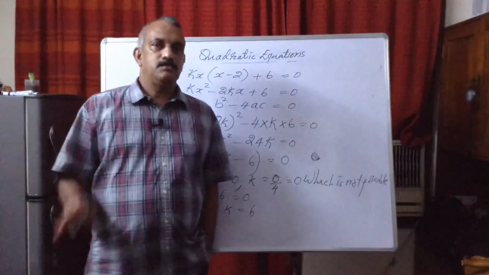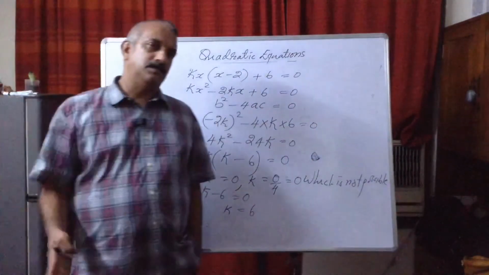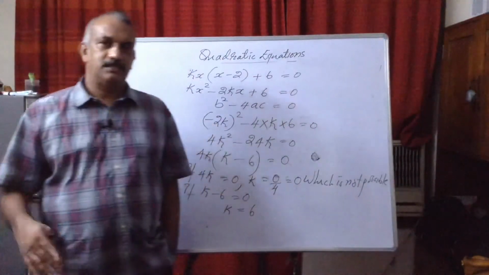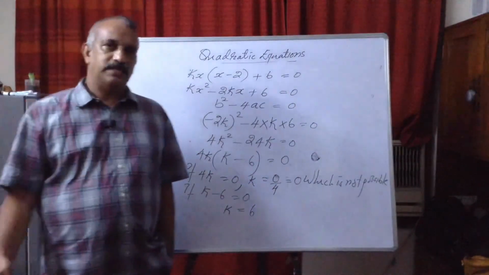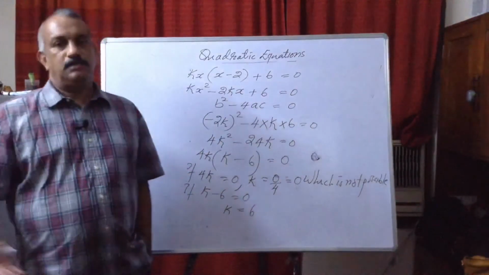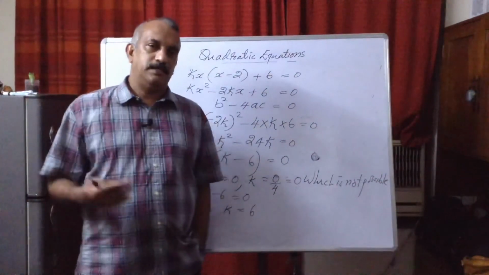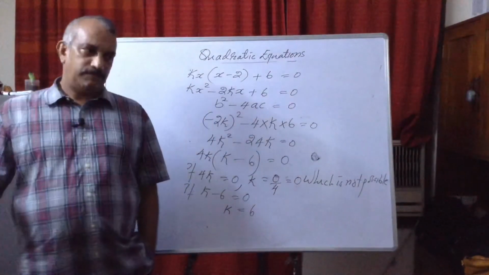Third one is by using the quadratic formula. In the case of factorization, we have learned different types of factorization. It can be in the form of first identity, second identity, third identity, fourth identity. So depending on direct questions, you should know how to factorize and find the zeros or roots.